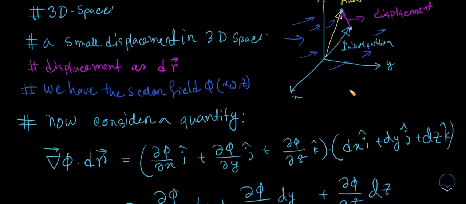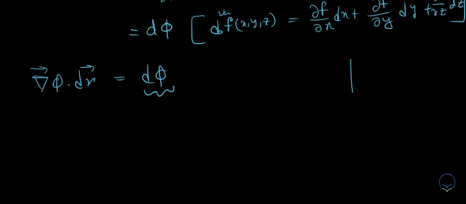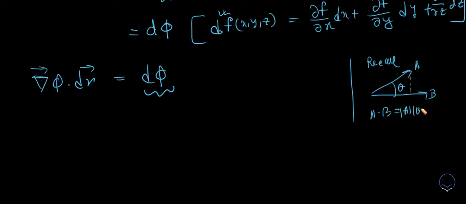Because if you recall a dot b, if you had a vector like this a, and a vector like this b, and they had an angle between them theta, then a dot b gave us modulus of a, modulus of b, and cosine theta between them, right?